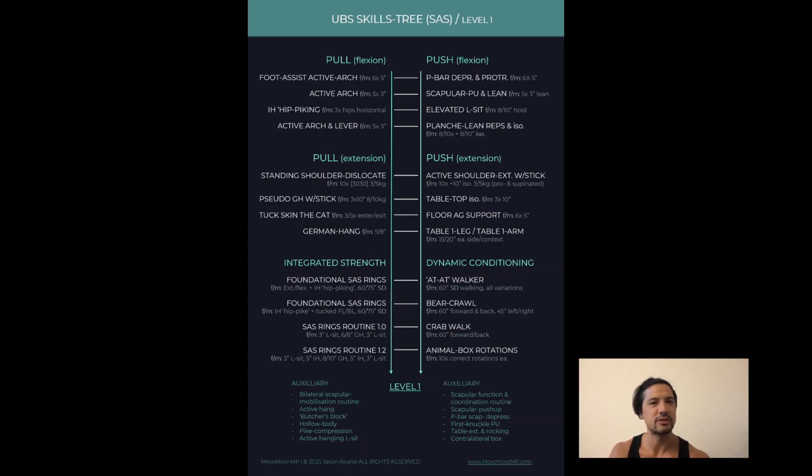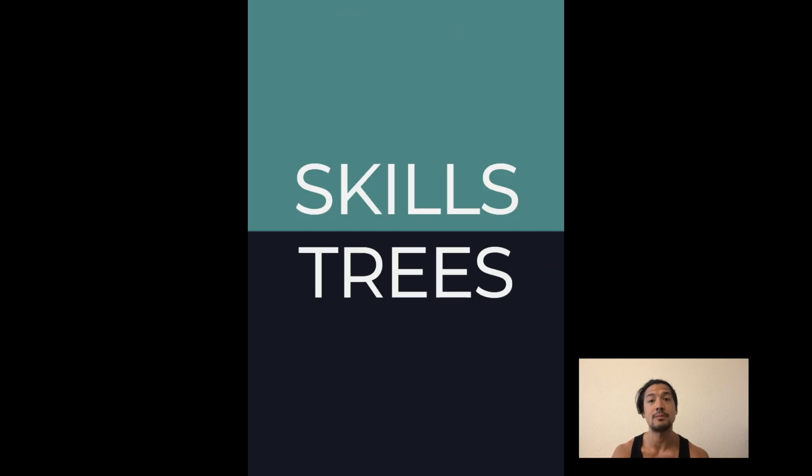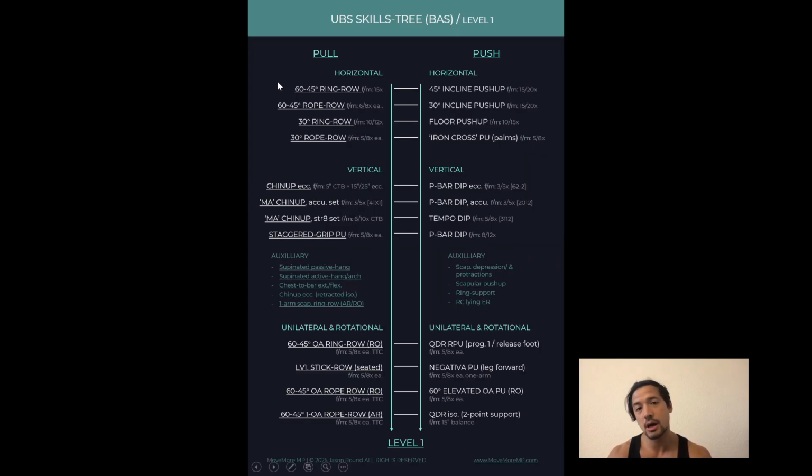Okay, so one thing that we've done, just to help us see where could or should I be, is we've created skill trees in such a way that as well as working vertically, so you go down the levels, they also work horizontally. So ideally here, as an example, if I can perform a ring row at an angle of 60 to 45 degrees for 15 repetitions, I should also be hoping that I can perform, for 15 or 20 repetitions as a male, a push-up with a 45-degree incline.